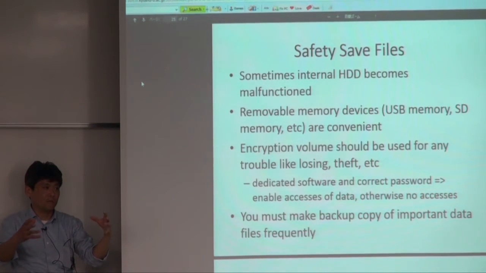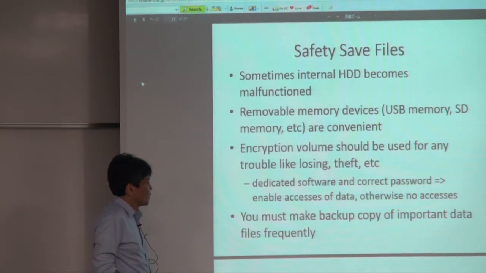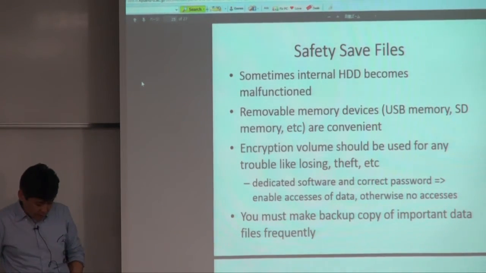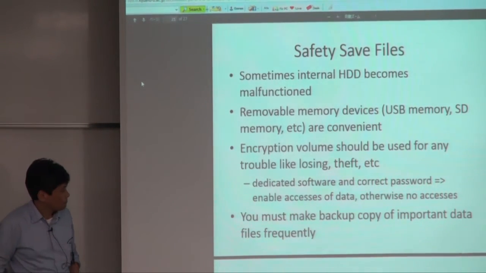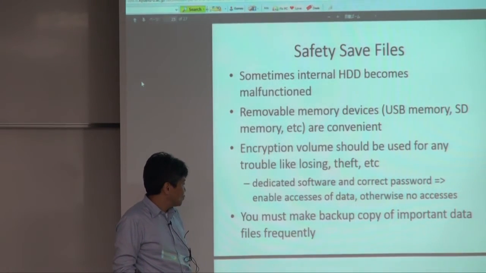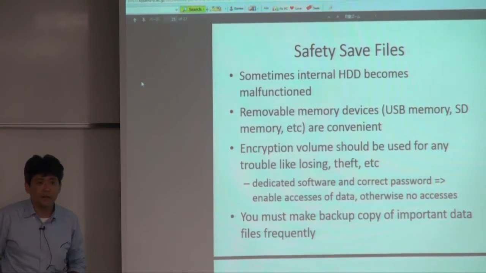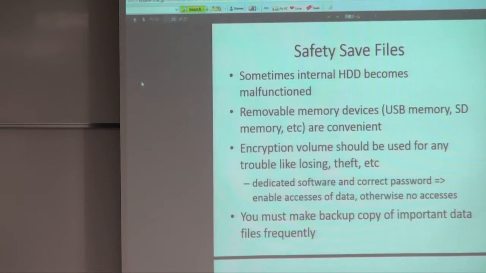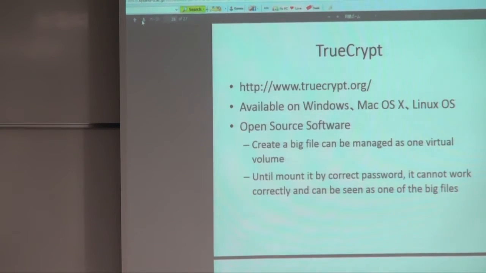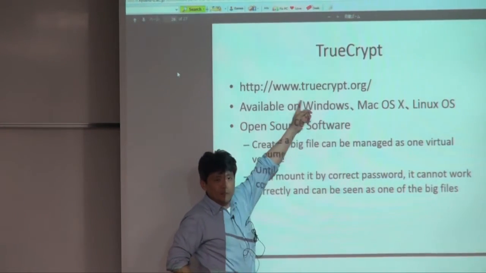The content of the file can also be encrypted. Okay. So there is some dedicated software for that. Using such software, it's better to make a backup copy of your important file. One of such software is TrueCrypt. You can download it from these pages.